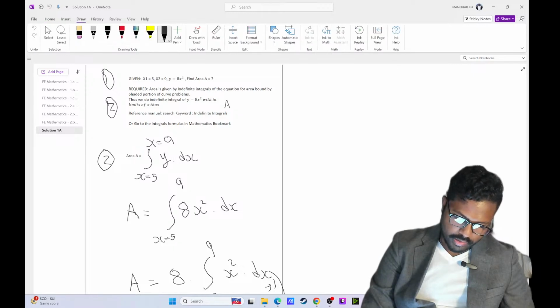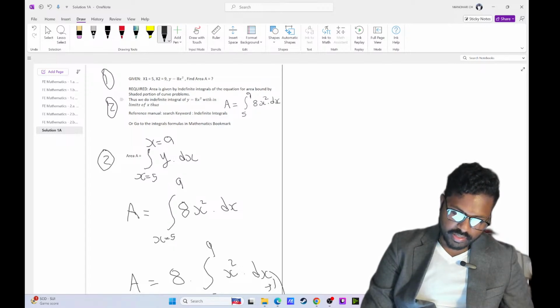So here A is equal to integral of 5 to 9 8x square dx. I simply substituted y with 8x square. Okay, this is what we have to find.